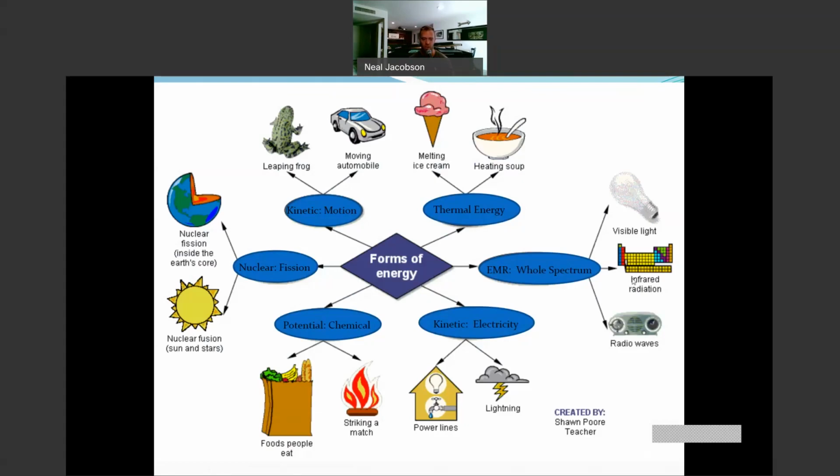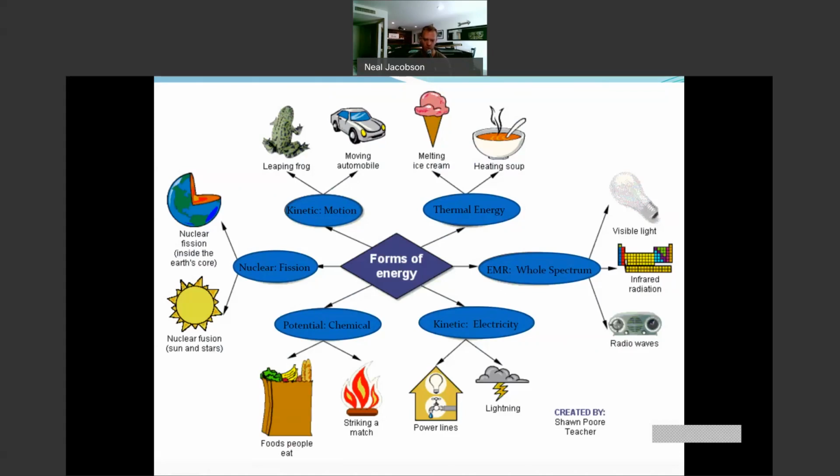Another important type of energy is electromagnetic radiation, and that's the entire spectrum of light, not just visible light. Visible light is just a small fraction of that spectrum. Some examples of EMR would be red, orange, yellow, green, blue, violet. Those colors are an example of electromagnetic radiation. Microwaves, radio waves, right? Those are slower and longer waves.